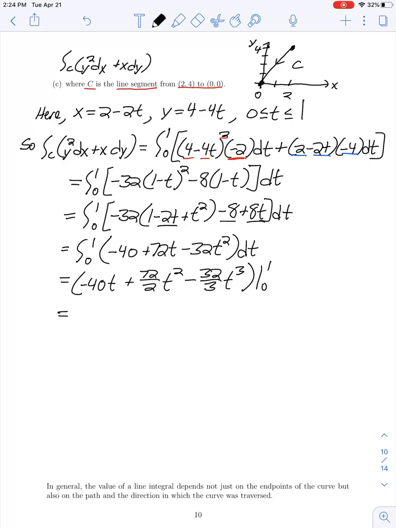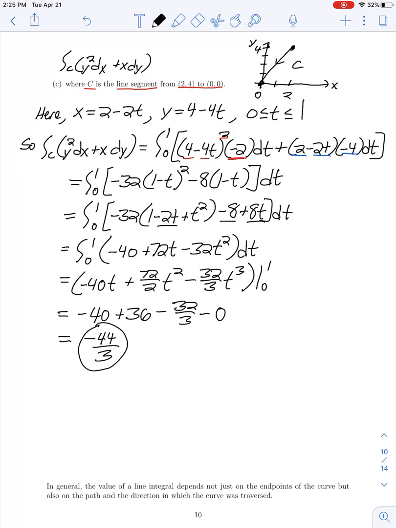So we are left with -40 plus 72 over 2, or 36, minus 32 thirds, minus, when we plug in 0, we get 0. So simplifying, we're left with -44 over 3.